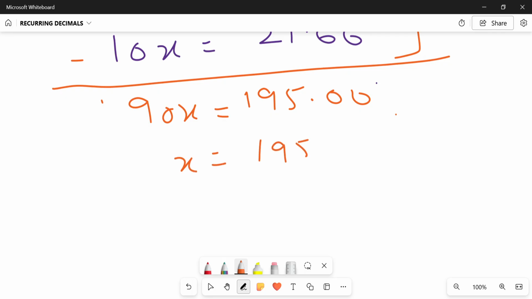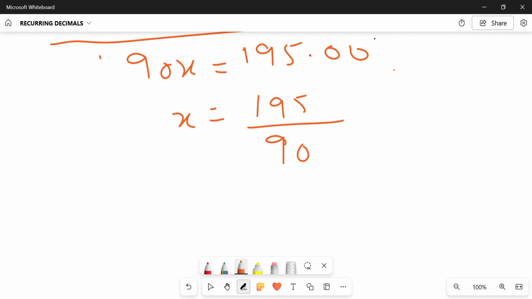Now what I'm going to do here is x equals 195 divided by 90. The reason is that 90 and x are multiplying with each other, so when we shift to the right hand side, it will be divided. Now let's simplify. We simplify with the digit 5 because the last digits are 5 and 0.